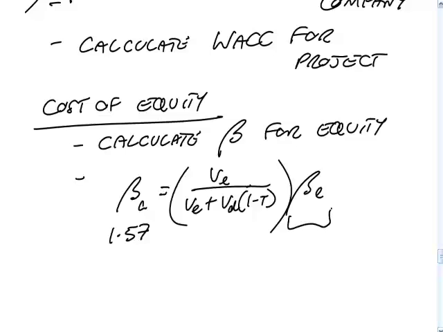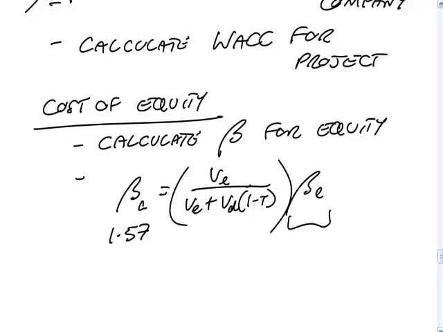I want to work out what the beta is for a shareholder and there is gearing. Tell me, what level of gearing am I going to use in this formula? 50-50. We're looking at the way we're financing the project.